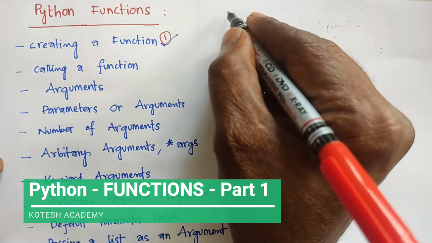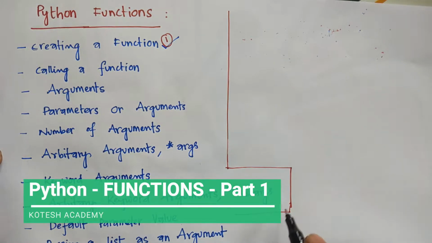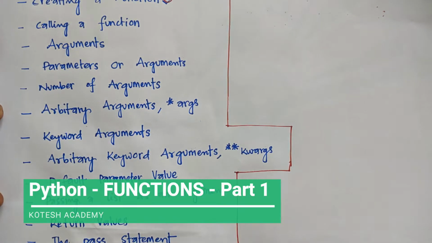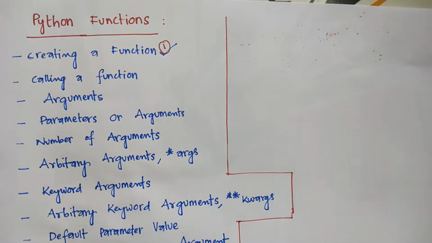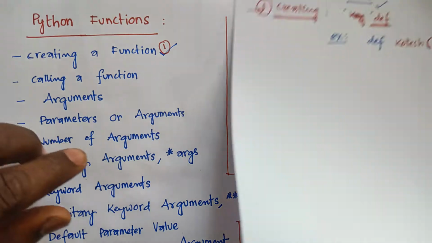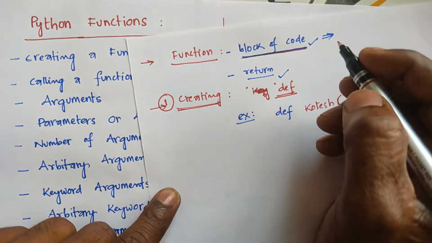The first definition: a function is a block of code which only runs when it is called. A function consists of a block of code.